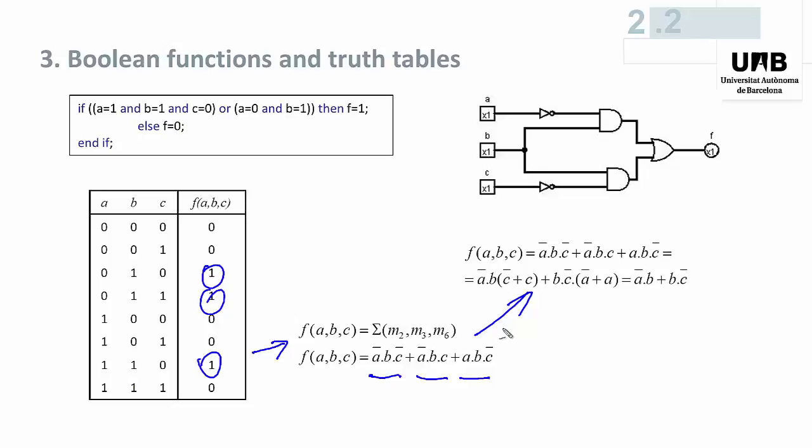In this case, for example, you can see that here you have not A, B, not C, and here not A, B, C, that can be replaced by not A, B times (not C plus C), which is equal to 1, so that finally you get this term, and the same for the other one, so that finally you get a simpler expression to which you can associate a circuit made up of AND gates and OR gates.